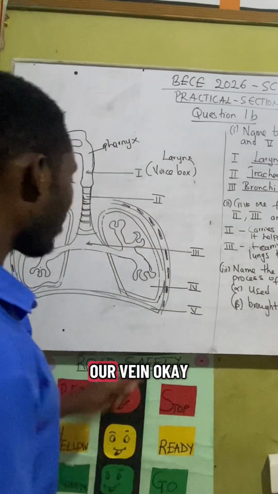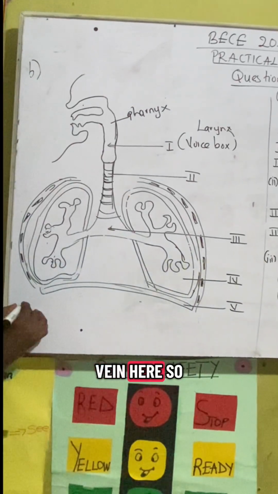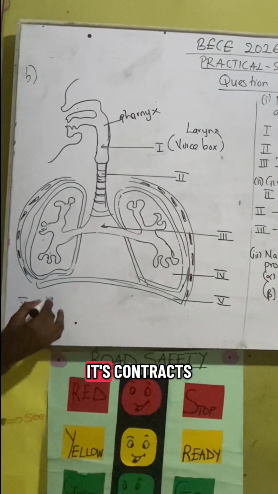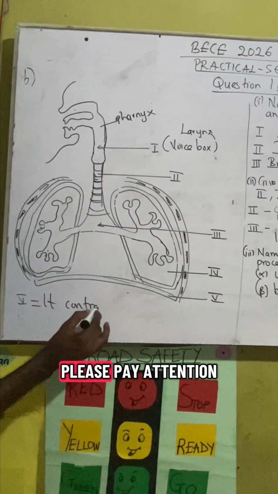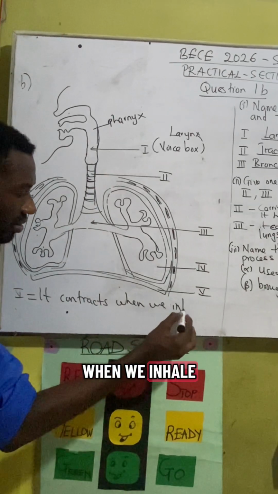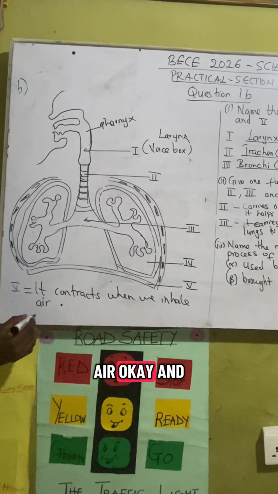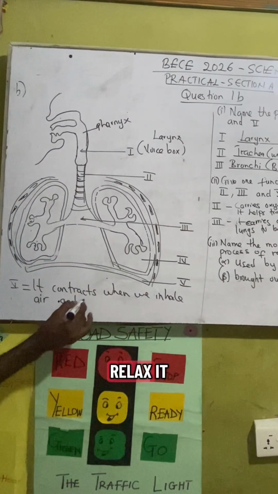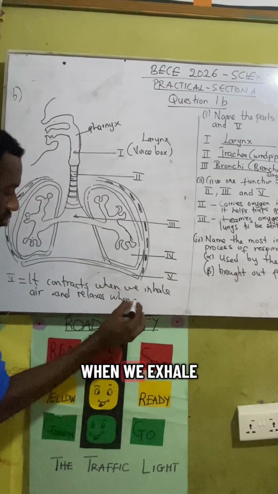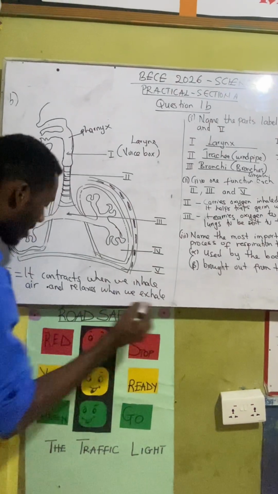And let's look at our V, okay? Our V is the diaphragm. Because space is not there, I'll do the V here. So let's look at what our V does. It contracts. Please pay attention. When we inhale air, and relaxes when we exhale air.